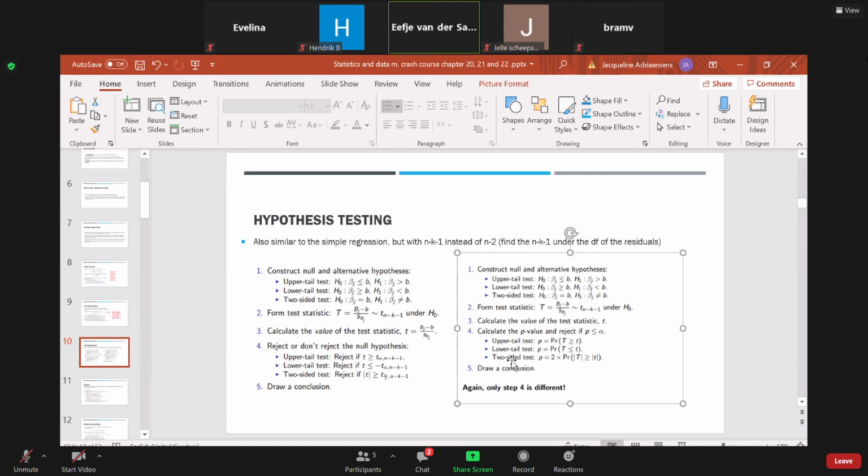For example, if the alpha is 0.05, it means that the outcome at that point only has a 5% chance of happening under the null hypothesis, and thus, if it happens, you can reject the null hypothesis because it's so unlikely to happen. And for example, if your p-value is 0.01 and you have an alpha of 0.05, then it's so unlikely to happen under the null hypothesis that you can reject it. And that's what you draw in the conclusion again.